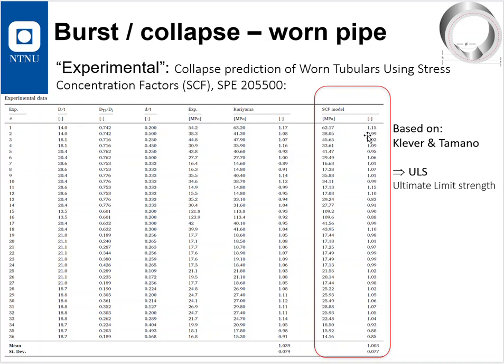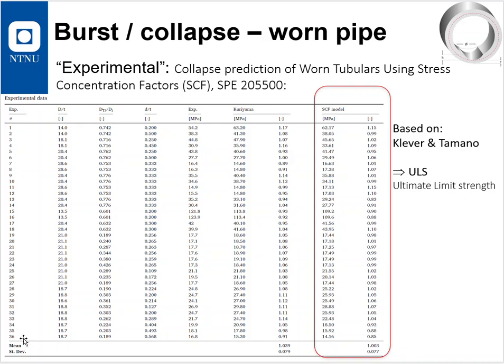And our model that we developed is actually improved compared to Kuriyama. If my mind is serving me well, Kuriyama based his calculation method on Tamano's formula that were older than the combined Clever and Tamano improved model. So that might be the difference.